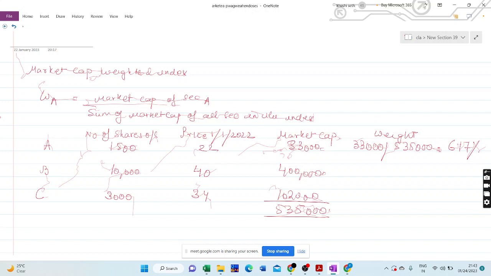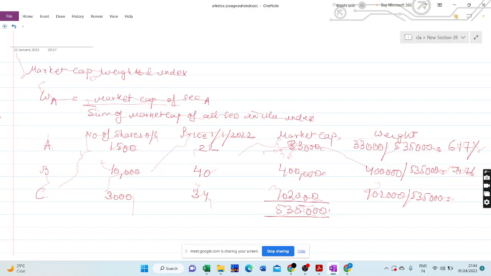We'll round it off to two decimal places. Weight of stock B would be 400,000 divided by 535,000. How much is that? 74.76. And weight of stock C would be 102,000 divided by 535,000.